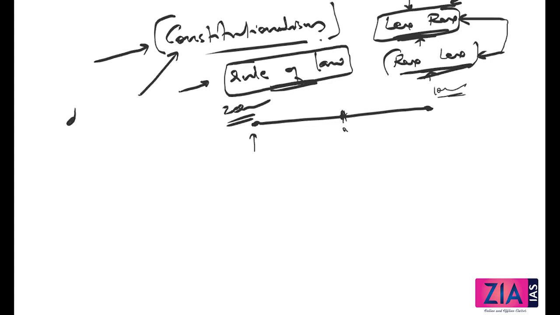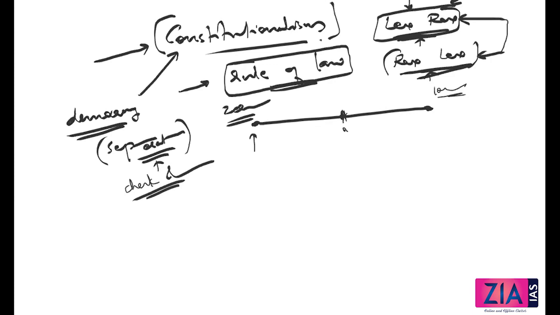Apart from that, you can talk about democracy, a democratically formed constitution, a democratic setup. Separation of power is very important for ensuring constitutionalism. If separation of power is not there, what will happen? There will be arbitrary use of power. So there have to be checks and balances.